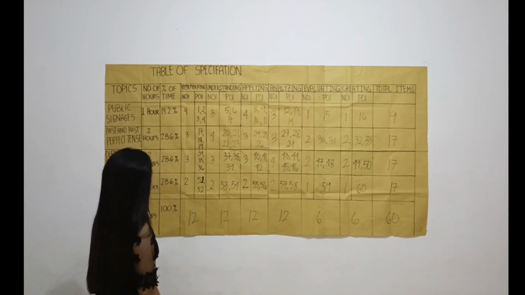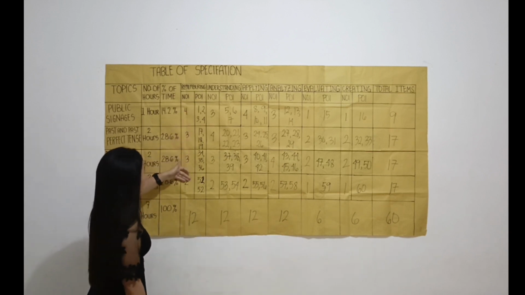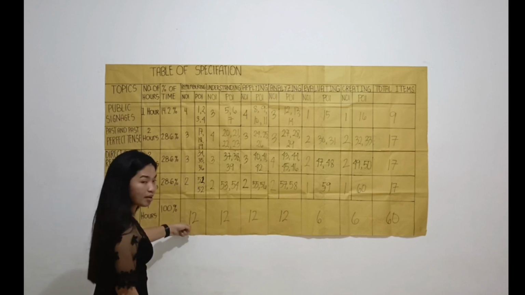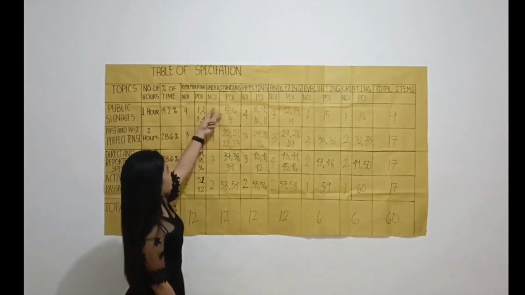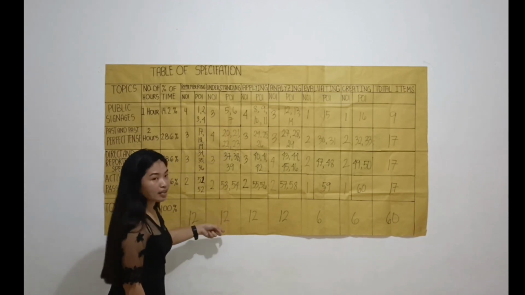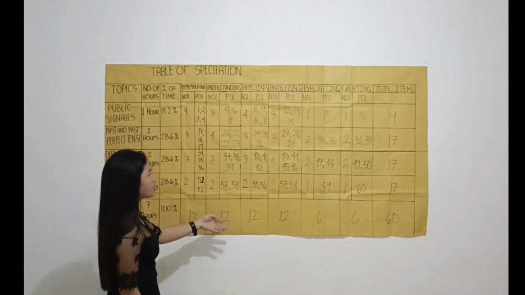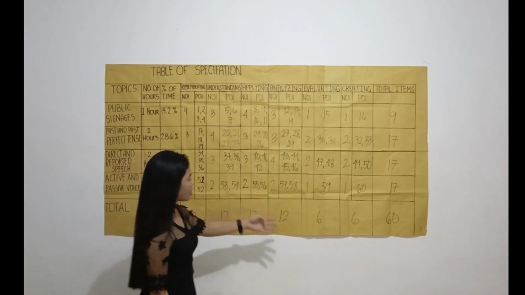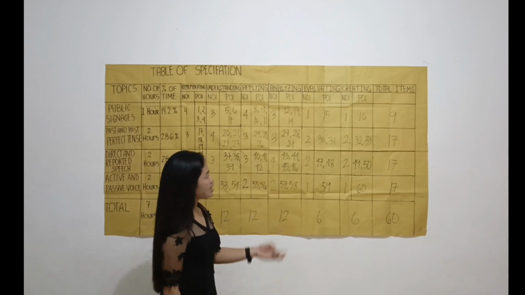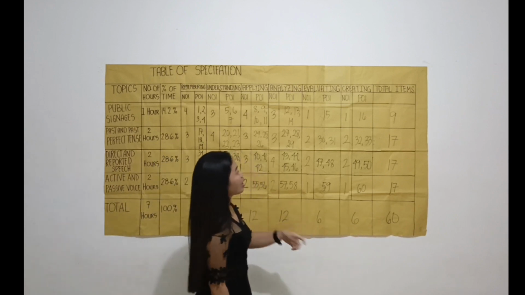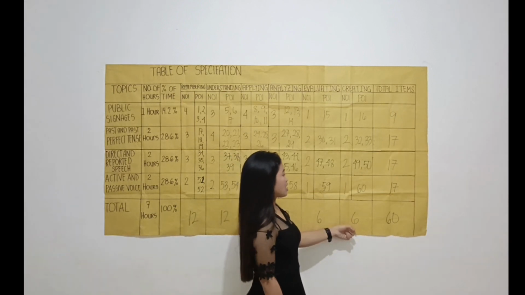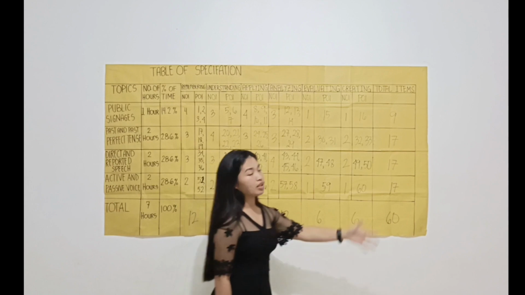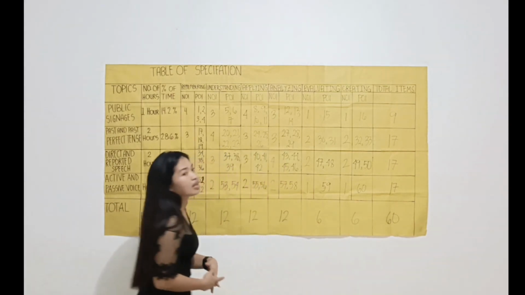So as you can see here, if we total all the items, for remembering we will have 12 items, 12 items for understanding, 12 items for applying, 12 items for analyzing, 6 items for evaluating, and 6 items for creating. And it will be a total of 60 items.